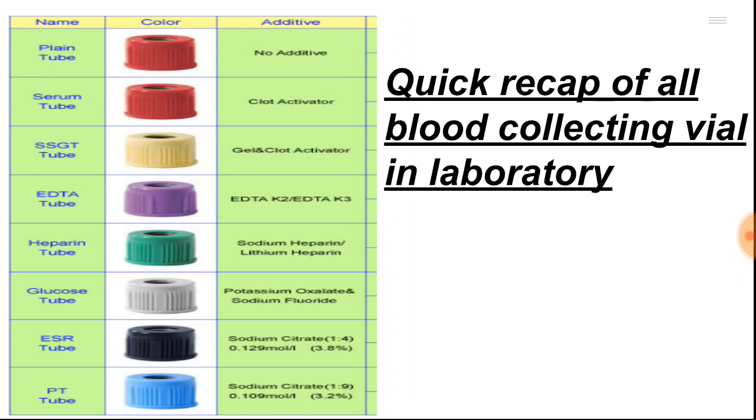Then the glucose tube, where potassium oxalate or sodium fluoride is present. Then the black top vial is the ESR tube, with sodium citrate present for ESR determination. Here 4 volumes of blood are added to 1 volume of sodium citrate. Then the blue or sky blue color tube is for PT, where sodium citrate is present as anticoagulant, in a 1:9 ratio.